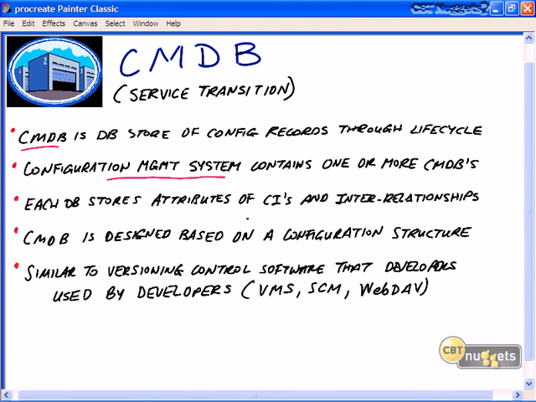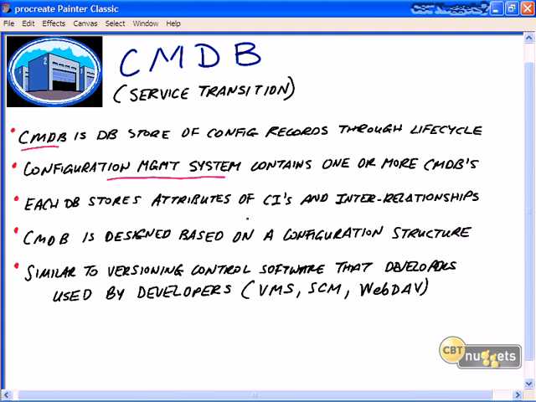The ITIL version 3 Service Transition book states the configuration management system is a set of tools and databases that are implemented to manage and control the IT service provider's configuration data. A CMS will also have information about incidents, known errors, problems, changes and releases, and it even may have some data about employees, customers, suppliers and their locations, users and business units.